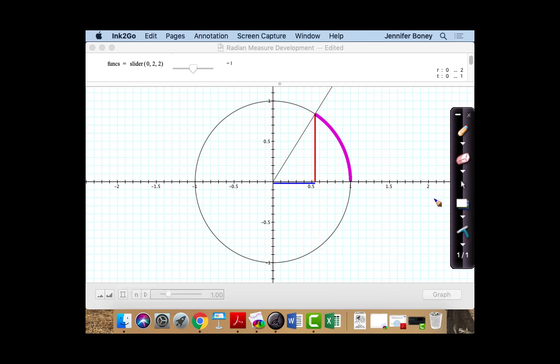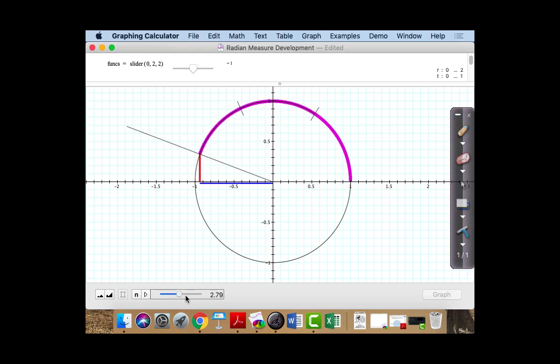So if I have a different angle, something like this, this is a 5.18 radian angle. If I want to describe the sine of 5.18, it would be the length, per se, of this red line, but in reality it's the y value at the end of this red line segment, which is almost -1.